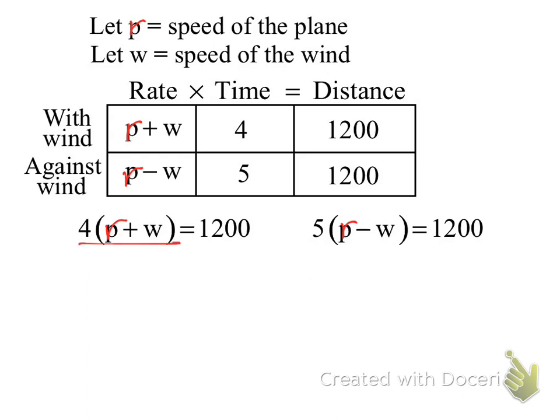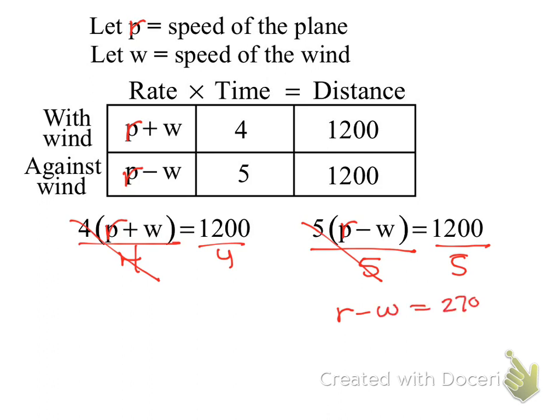Divide by 4, both sides. Cancel. What am I doing on the other side? Divide by 5. And I get R minus W equals, is it 270? It's 240, sorry.